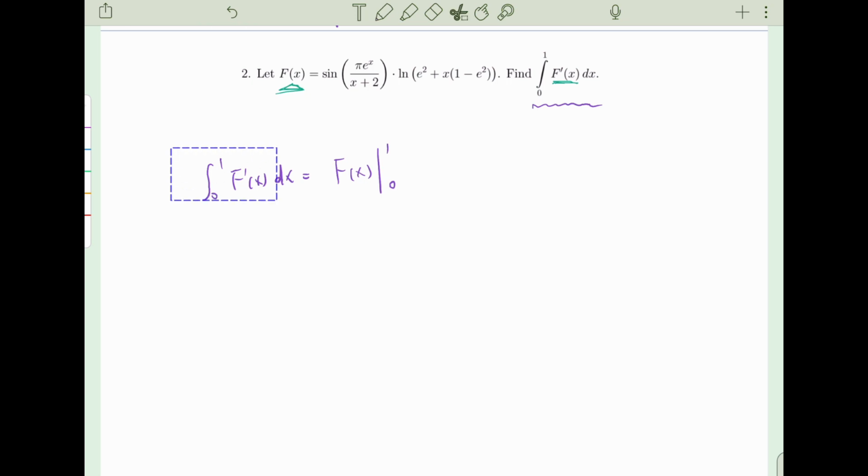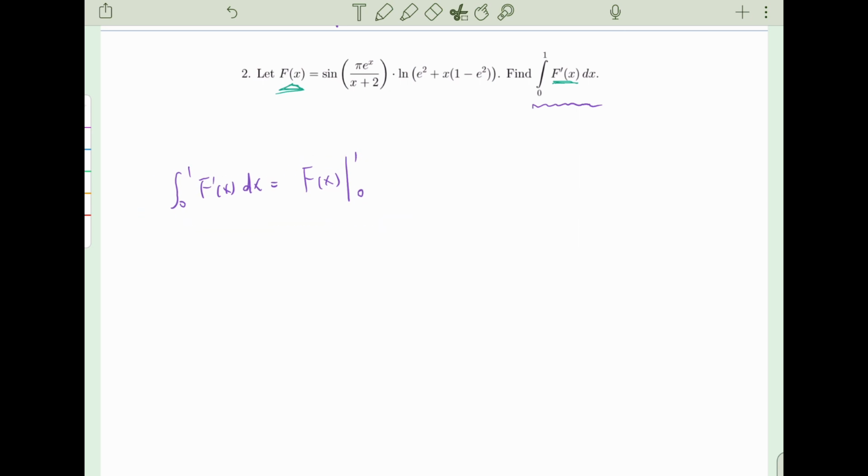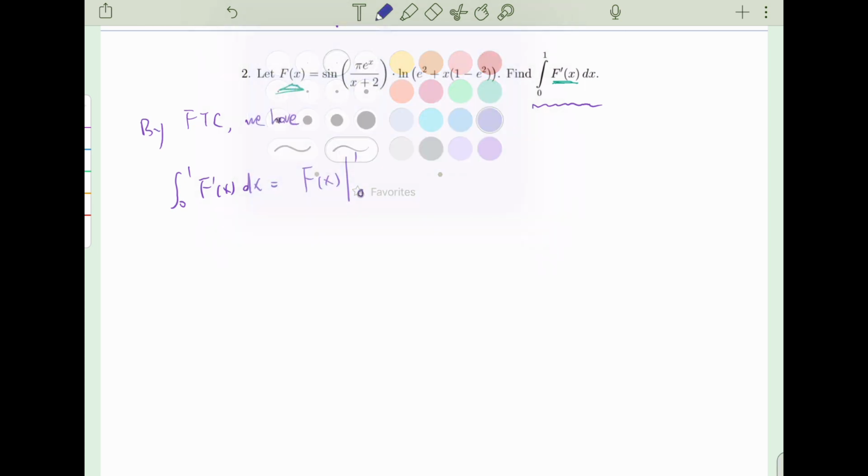But before doing that, we have to mention that this satisfies the condition of the fundamental theorem of calculus, FTC. The condition of the fundamental theorem of calculus requires that the function that is being integrated is continuous.